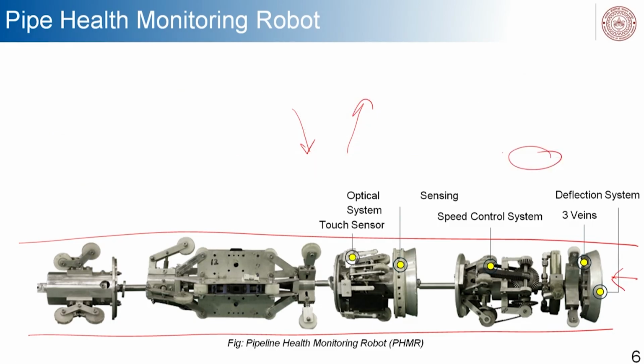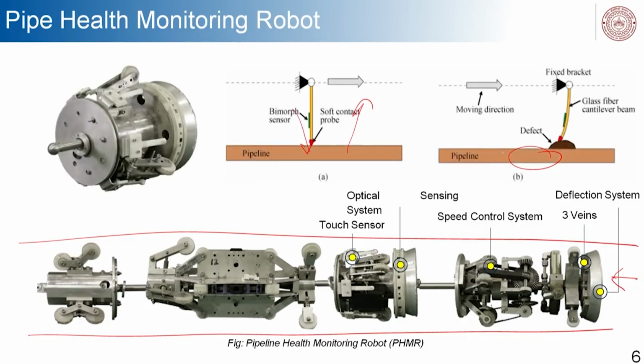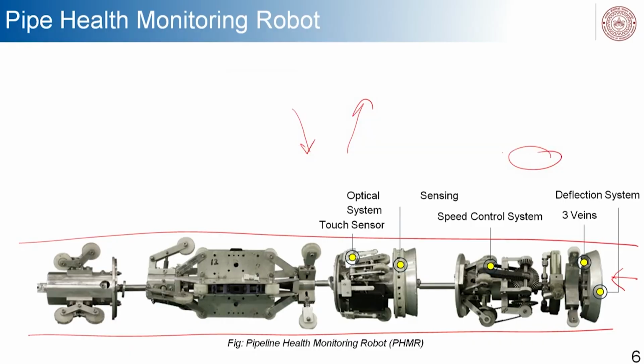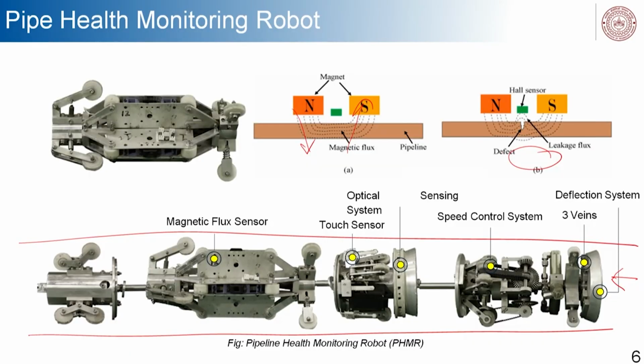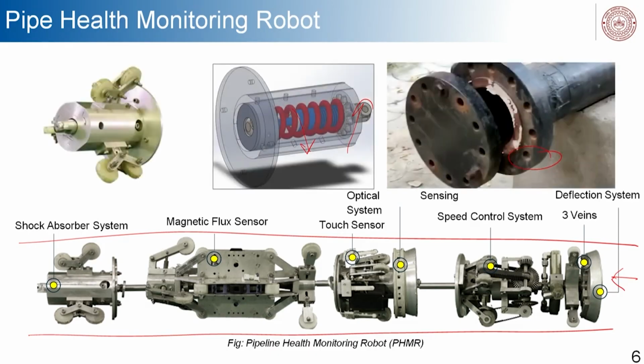And then the touch sensor, that is touching the undulations in the pipe, and from that the touch sensor is trying to figure out whether there are corrosions in the pipe or not. And then the magnetic flux sensor, that actually tells how much magnetic flux leakage is taking place. Then the shock absorber system, that is there in case of an overspeeding robot.